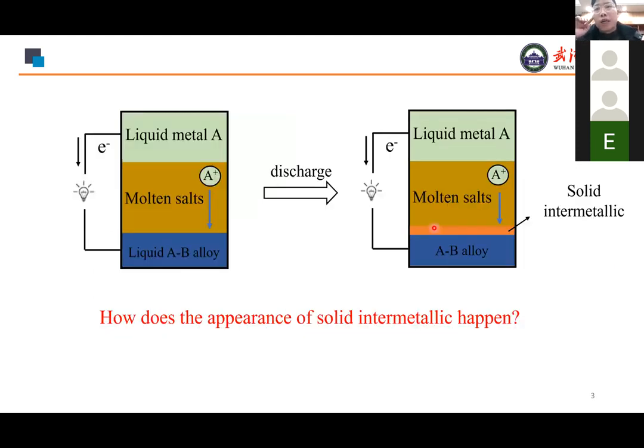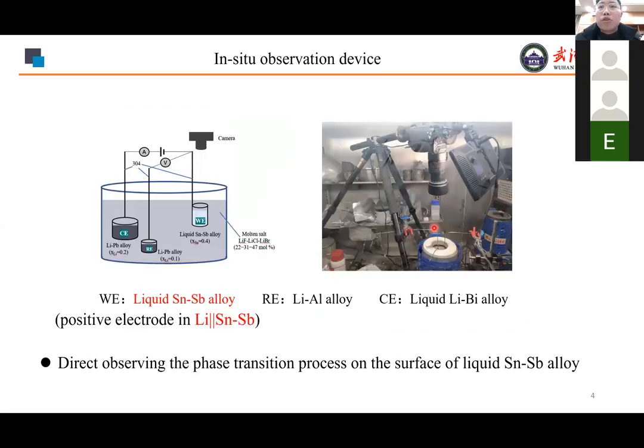So the first question is, how does the appearance of the solid intermetallics happen? To find the answer, we built an in-situ observation device to monitor the surface of liquid tin antimony alloy during discharge. The tin antimony alloy is the positive electrode of the lithium tin antimony battery.